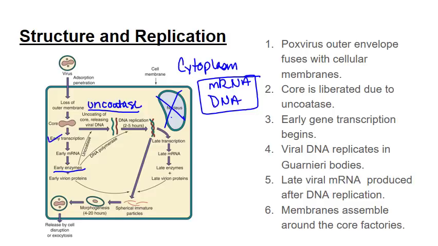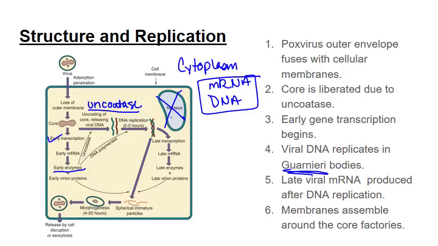The early gene transcription contains a specific transcriptional activator and all the enzymes necessary for transcription, which would include the RNA and DNA polymerases. So the viral DNA replicates in an electron-dense cytoplasmic inclusion, which are the Guarnieri bodies, which I showed you on the previous slide.